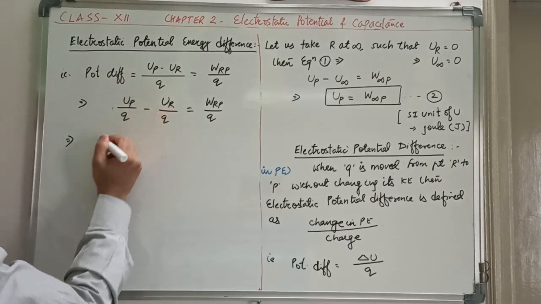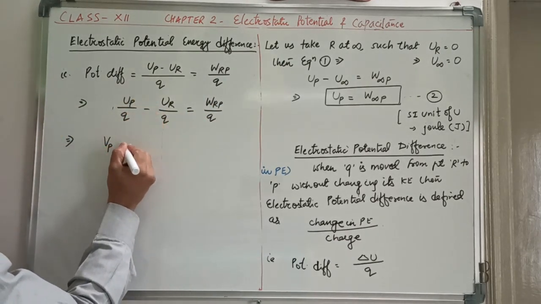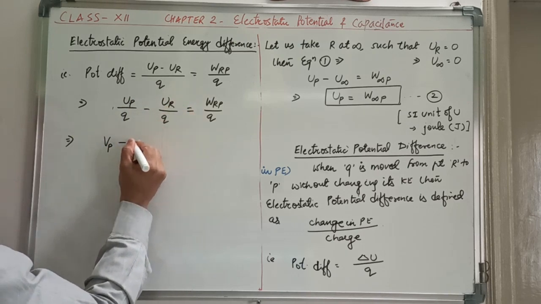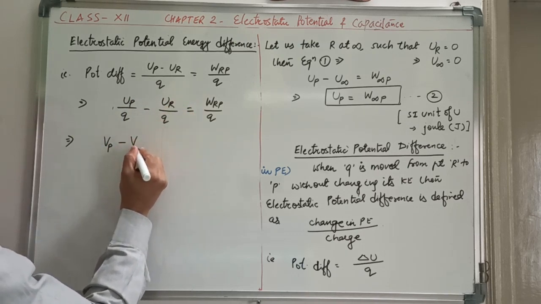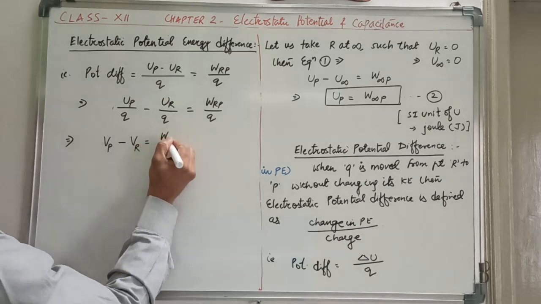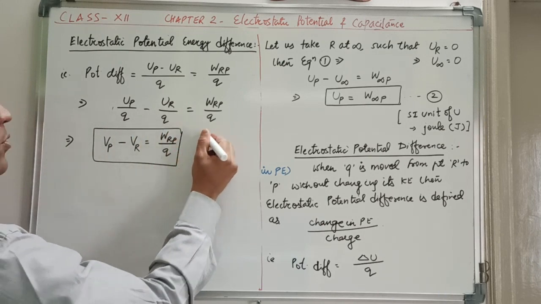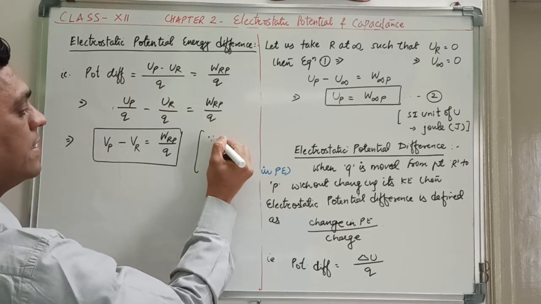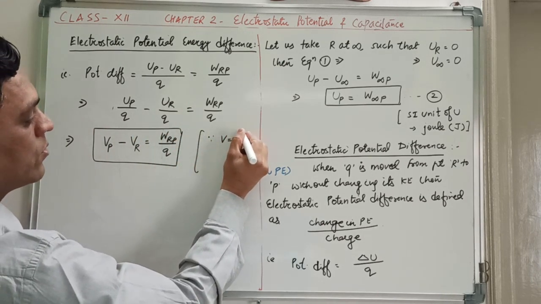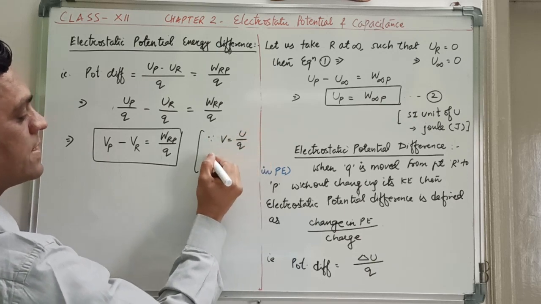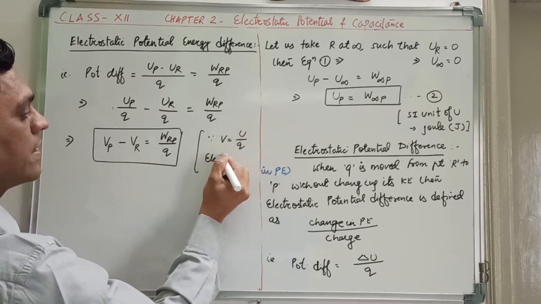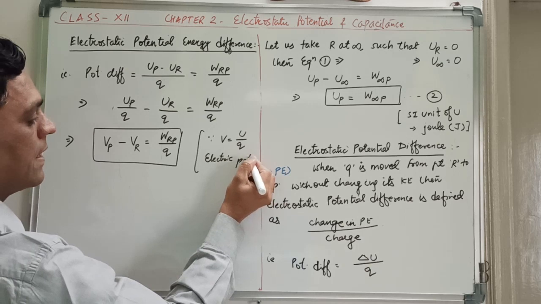UP upon Q will be termed as the electric potential at point P, and UR upon Q will be termed as the electric potential at point R, and this equals WRP upon Q, where V is equal to U upon Q, termed as the electric potential at a given point.